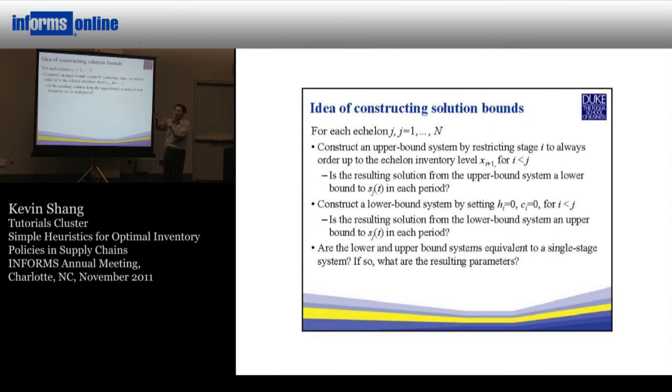But here, in order to construct bounds, I changed the policy. I said, you just order whatever your upstream stage has, as much as you can. If you do that, as you can imagine, all the material is going to move every period. So all the stages are more like pipeline in-transit points; they don't carry over.